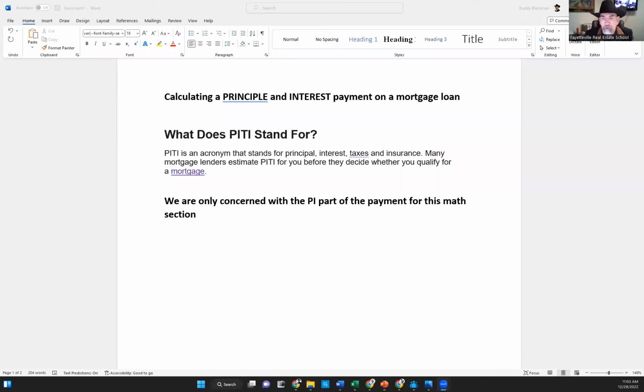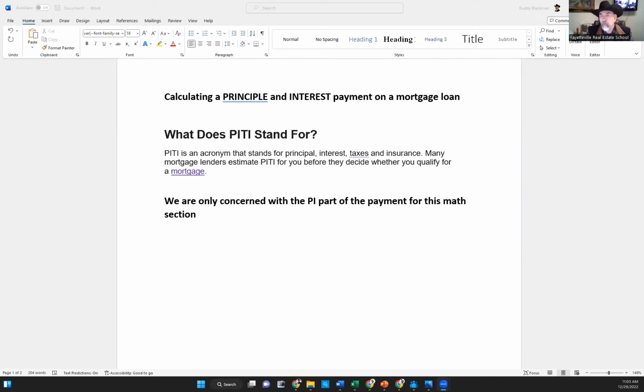I'm going to share my screen here. All right, so we're going to be calculating a principal and interest payment on a mortgage loan.